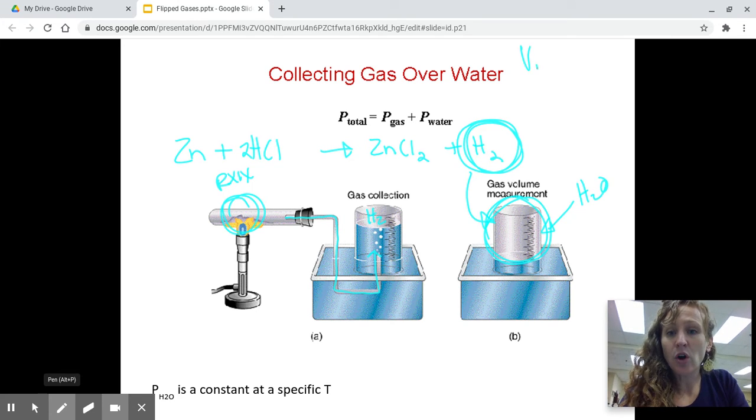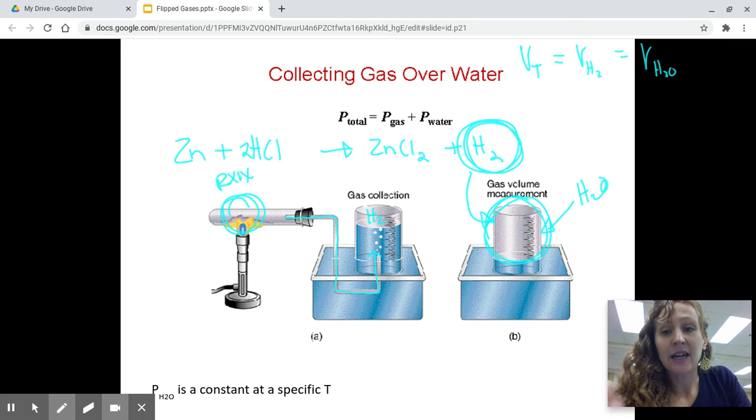So this volume total is made up of hydrogen and water, but remember, gases expand to fill their container. So the partial volume of hydrogen is still the same volume, as is the volume for water. Okay, now the total pressure, however, does not work like that.